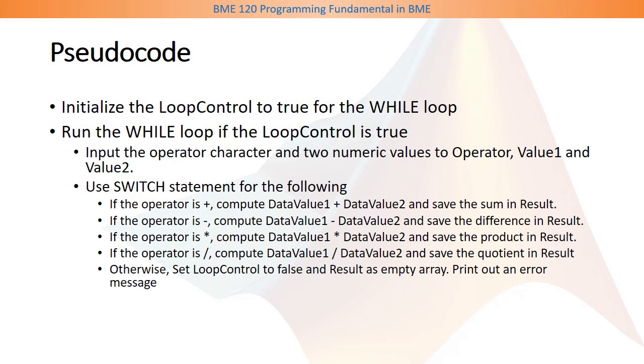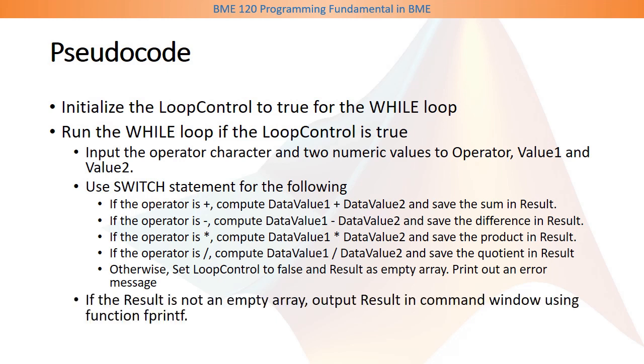Otherwise, which means that the operator does not contain the correct character for the operation, then it will set the loop control to false and the variable result to an empty array and print out an error message.